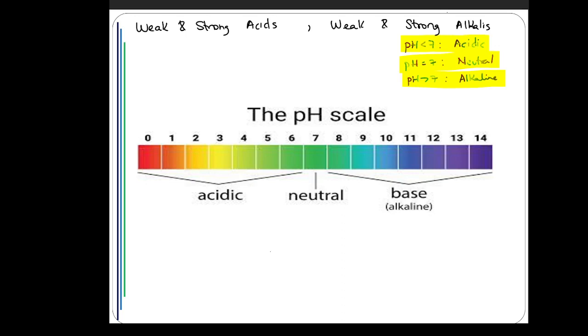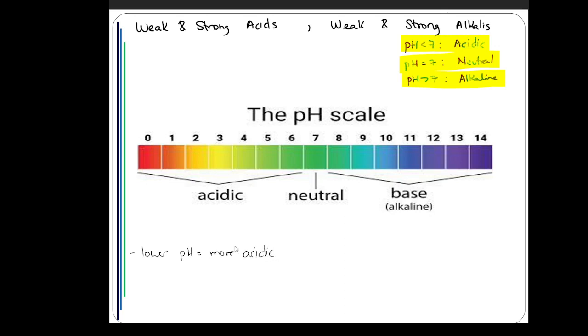We have also looked at different substances and compared their pH, where if we had two substances which are acidic, depending on the pH, we would be able to state which one is more or less acidic. The rule being that the lower the pH, the more acidic a substance is.